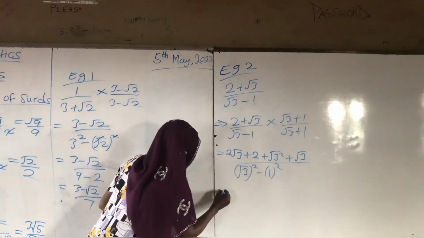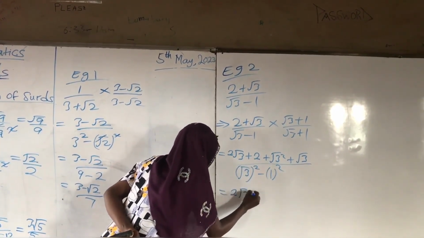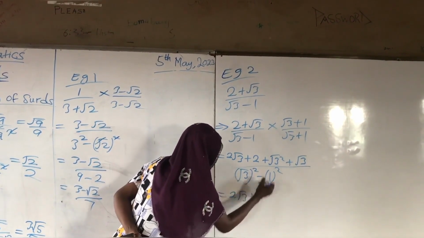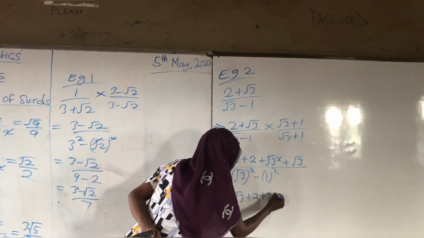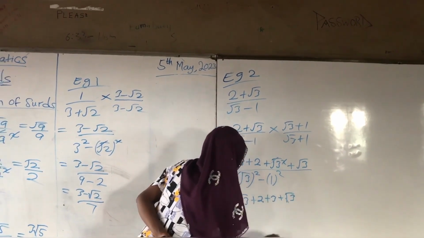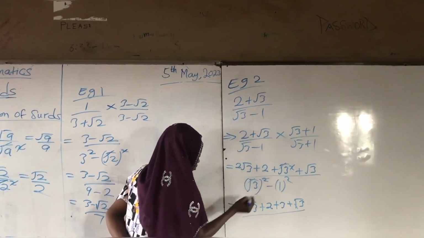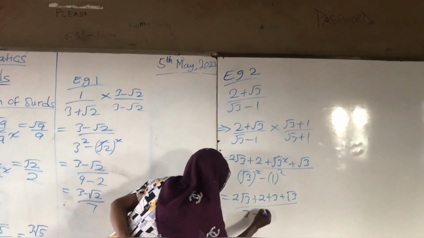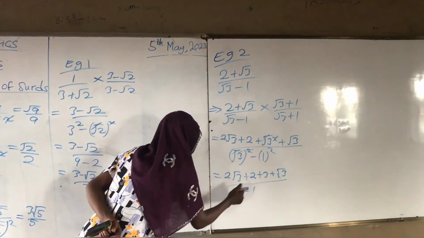So from here, you will have 2√3 plus 2, plus 3 plus √3, all over 3 − 1, because the square cancels the root to give us 3.